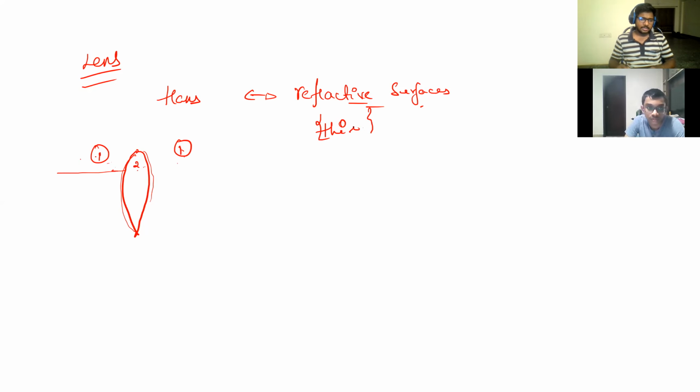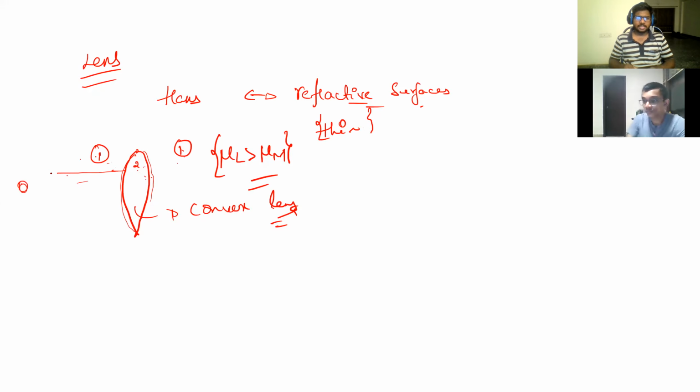Next, if the refractive index of the lens is greater than the refractive index of the surrounding medium, and it is a converging lens, then a convex lens means a converging lens. If you keep an object at infinity, the light rays coming here will converge at one point, that is the focus.